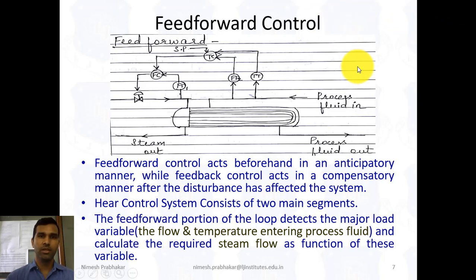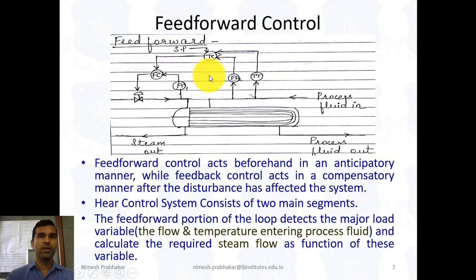That means see in the figure, this represents the steam in, this represents steam out, and this represents fluid in, and this is a fluid out. What is the aim? The aim is to maintain the outlet temperature. So for that purpose we use the two controllers. The first one is the temperature controller and the second one is the flow controller.